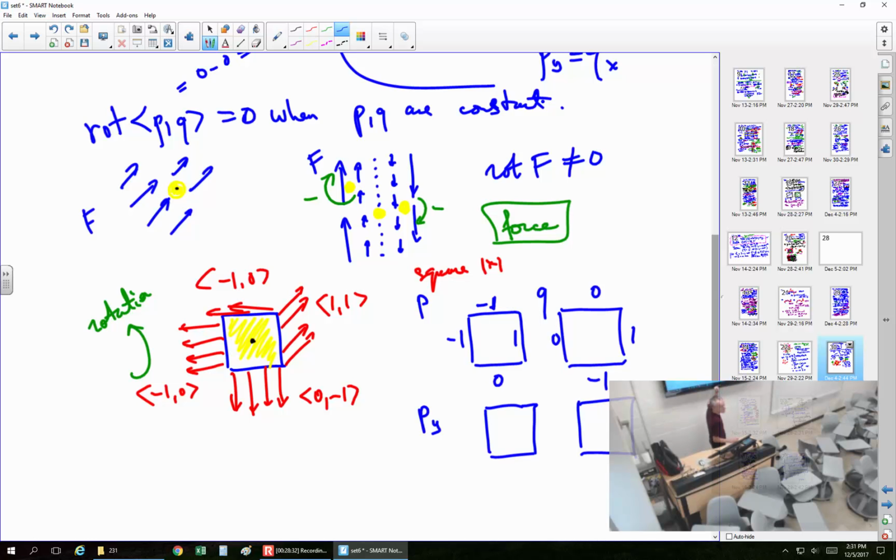Don't the 1 and the negative 1 cancel out? No, you're looking at that would be x. So negative 1 minus 0. Okay, so that will be our P sub y. Now Qx is, what's Qx?